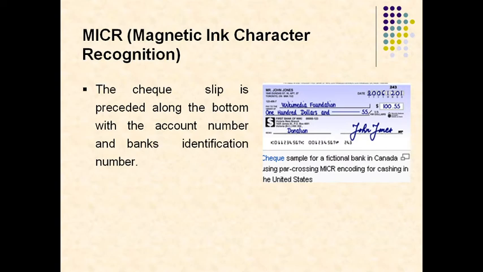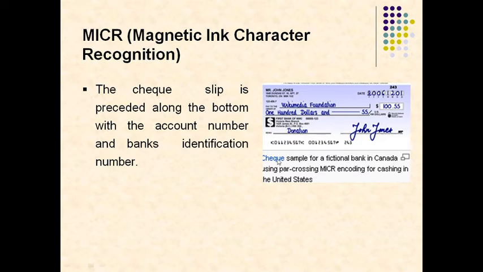The check slip is printed along the bottom with the account number and the bank's identification number. So for processing checks in the bank, MICR, magnetic ink character recognition, is used.